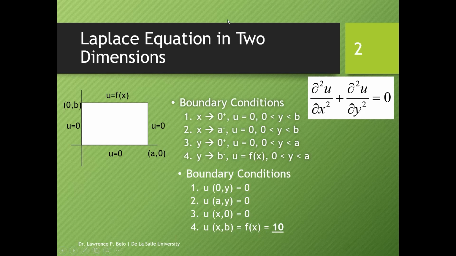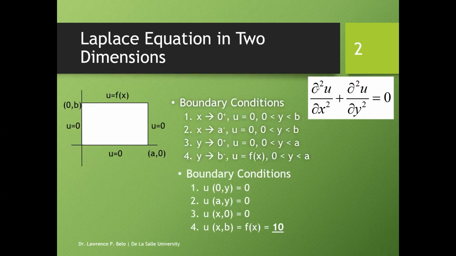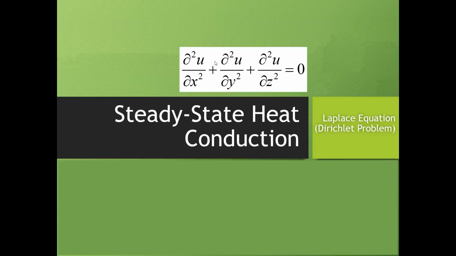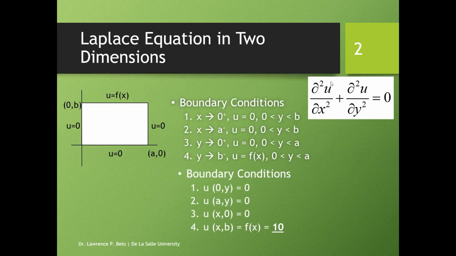And then it's given to be 10. So let the solution be u is equal to xy. But take note that in this case, it is only two-dimensional. Remember this equation? Second partial of u with respect to x, second partial of u with respect to y, second partial with respect to z. This is for a three-dimensional problem. For us, it's two dimensions only, x and y. So that means you can cancel out the z.